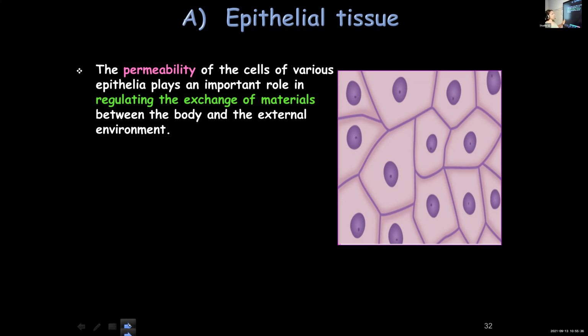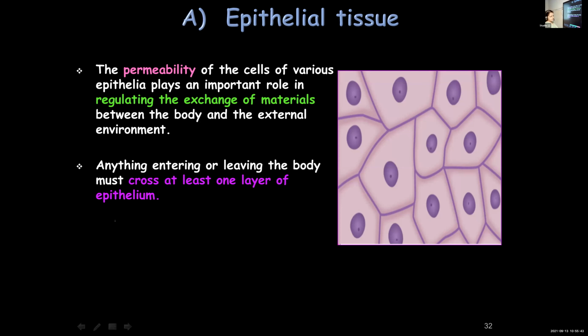If the materials need to be exchanged, this outermost covering should permit the exchange. Otherwise, materials cannot be exchanged. Hope you understood the point. Only if the cells are permeable, materials can be exchanged.